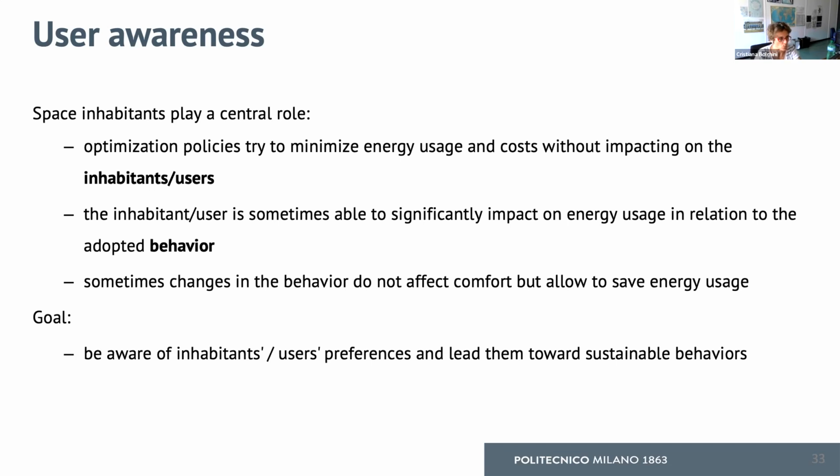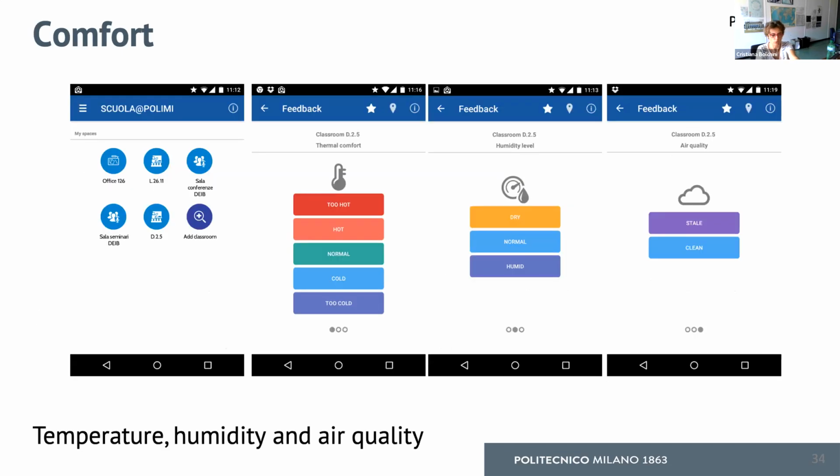What we devised was an application to be held on the smart devices, to be able to say in what location you are, so what kind of spaces that are controlled by this, that are monitored, and you want to express your thermal comfort, whether you are feeling too hot, and so on, the humidity level and the air quality.